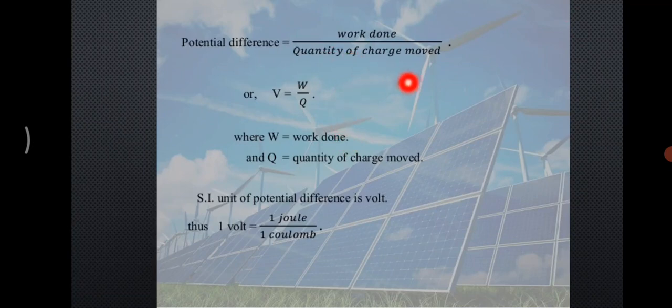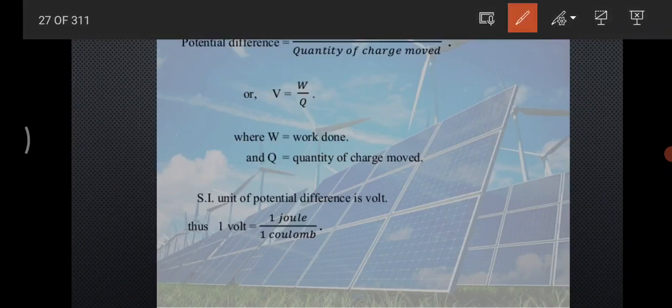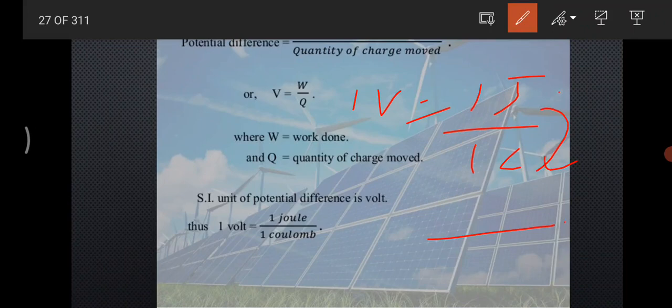The SI unit of work done is joules, the SI unit of charge is coulombs, and the SI unit of potential difference is volt. 1 volt we can define as 1 joule of work done divided by 1 coulomb. Means 1 joule of work is done on 1 coulomb of charge to move from one point to another point, that is called 1 volt, children.